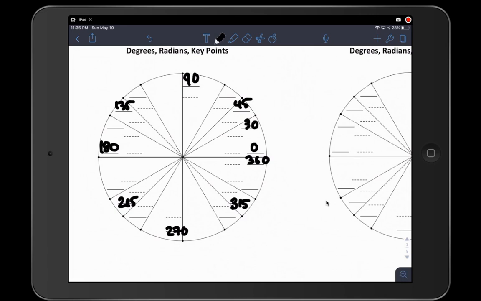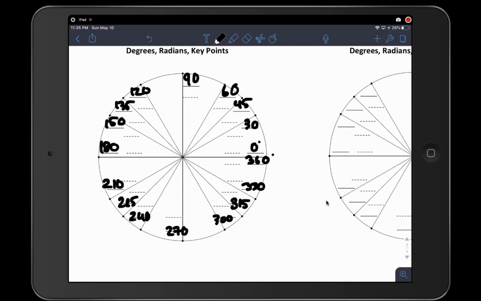So we have 30, 30 plus 30 is 60, 60 plus 30 is 90, 90 plus 30 is 120, 120 plus 30 is 150, 150 plus 30 is 180, 180 plus 30 is 210, 210 plus 30 is 240, 240 plus 30 is 270, 270 plus 30 is 300, and 300 plus 30 is 330.